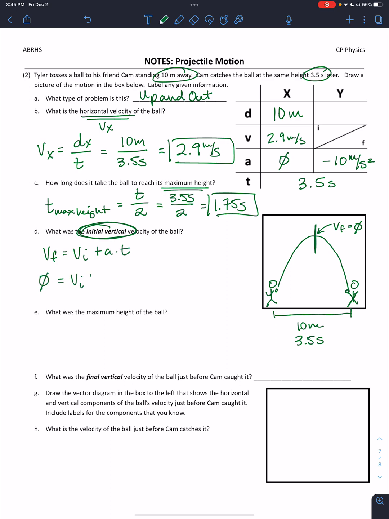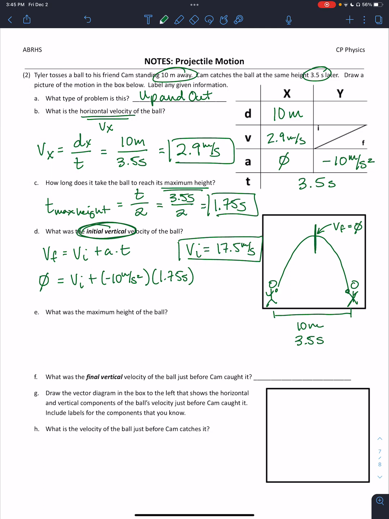V initial is my unknown. And then I have negative 10 meters per second squared times 1.75 seconds. If I do the multiplication and then rearrange, I find that the initial velocity was 17.5 meters per second. So that's the initial velocity upwards that Tyler used to put the ball into the air.